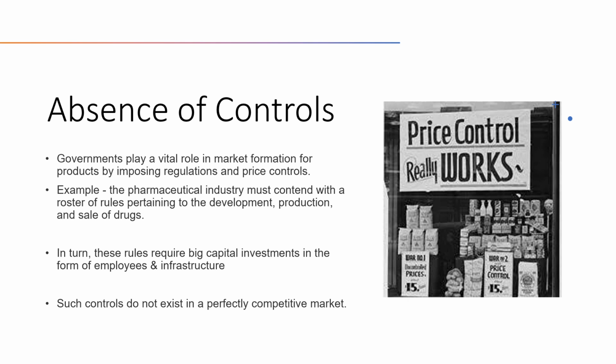Such controls do not exist in a perfectly competitive market though. The entry and exit of firms in such a market are unregulated. This frees them up to spend on labor and capital assets without restrictions and adjust their output in relation to market demands.